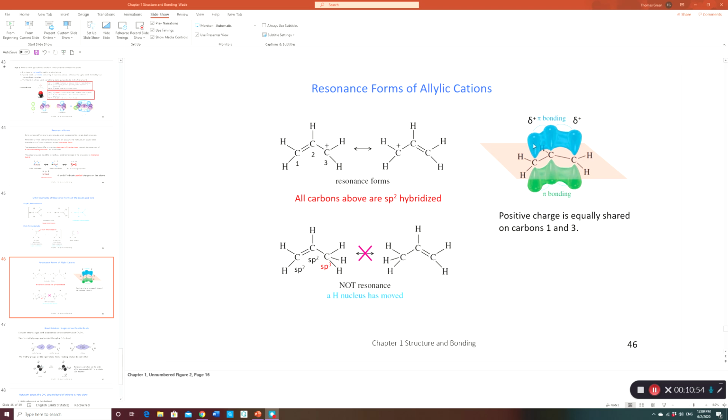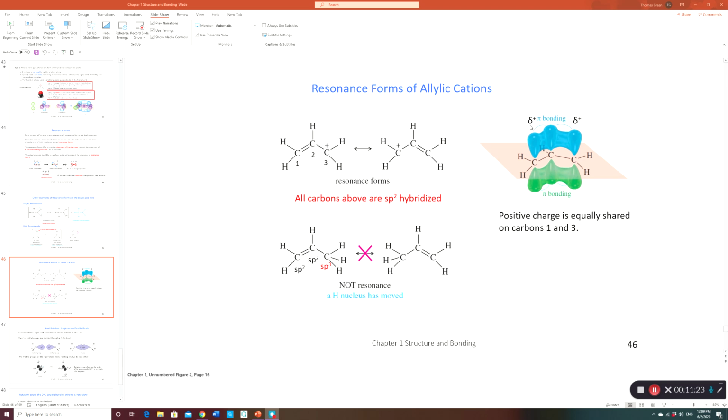Now, from an orbital picture, you can see what's going on here. These all being sp2 hybridized, each individual carbon would have a p orbital associated with it, and then when you overlap those with each other, then you form what is called an extended pi system. So the 2 pi electrons that are in this system can actually move through this electron cloud here, both below and above the carbon framework here.